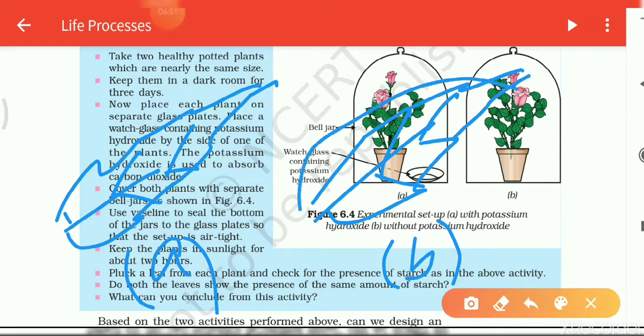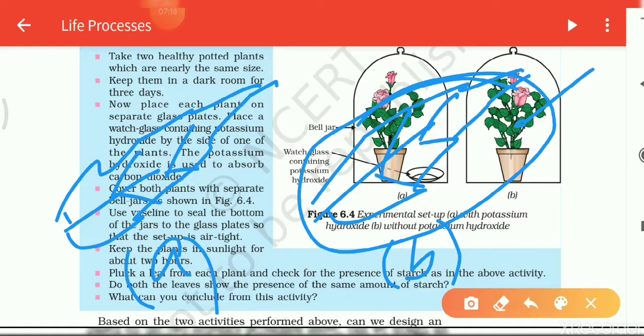This one, B. B can show the blue black color. Why can it show the blue black color? Because when we keep this potted plant in the sunlight for 2 hours, it can gain the sunlight. Chlorophyll is present inside this leaf, and this chlorophyll traps the sunlight and helps in making food.